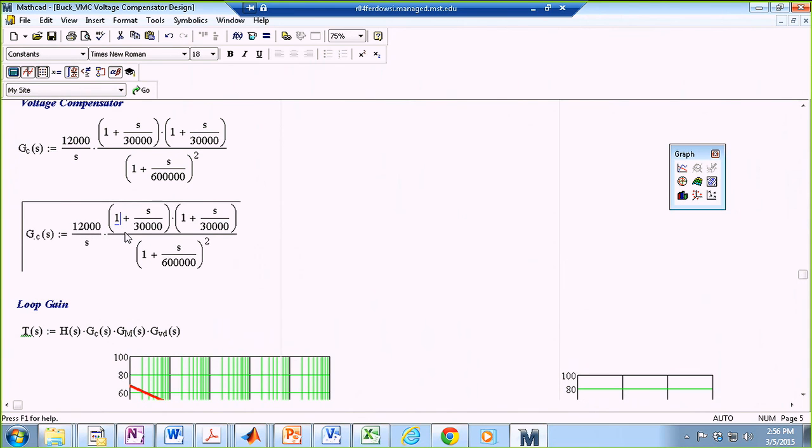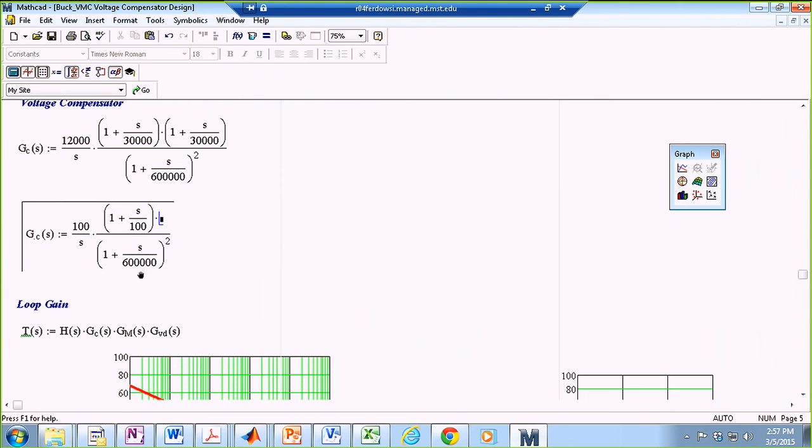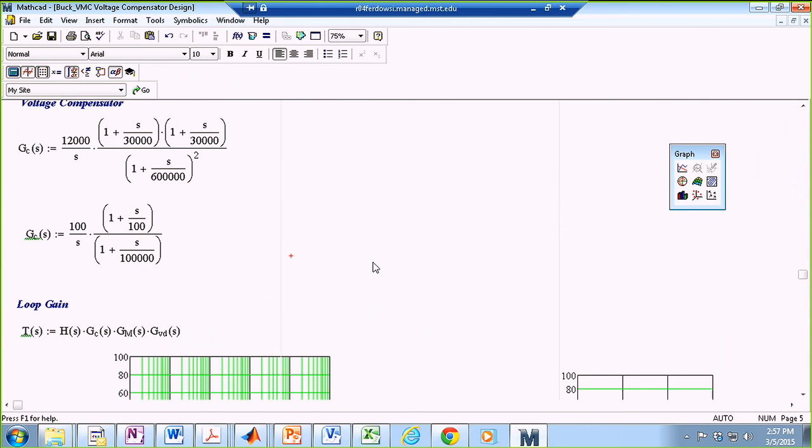I still don't want to make it that fancy, but let's say, for instance, 100 over S and 1 plus S over 100, and S over 100,000. Okay, something like that. So why did I choose this?